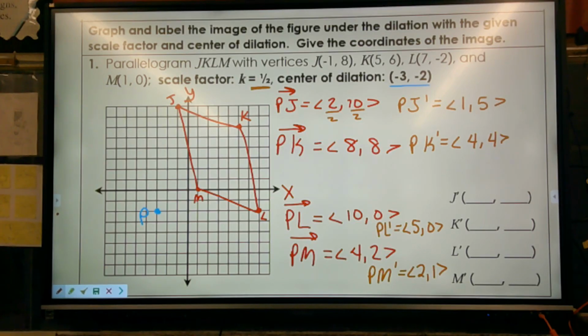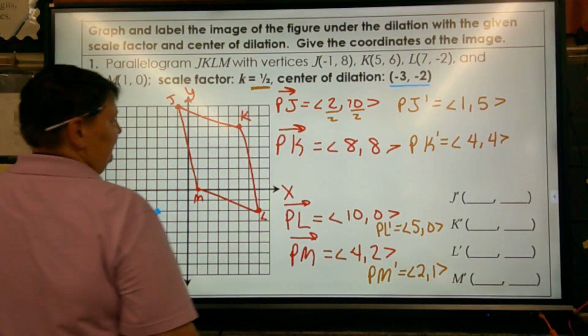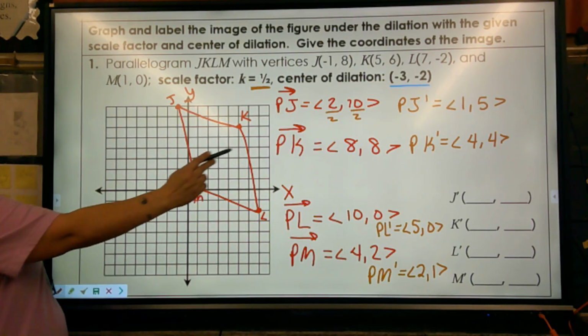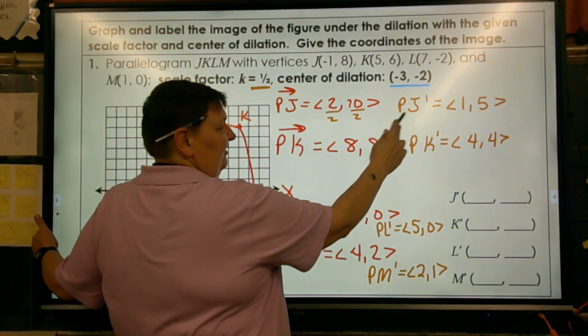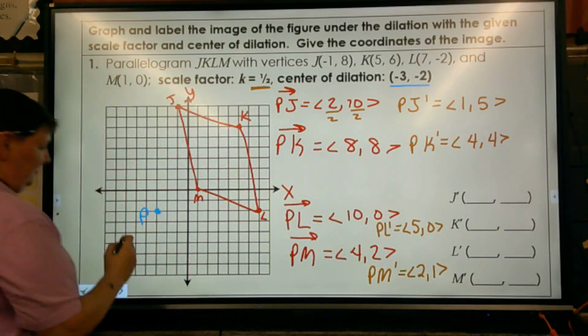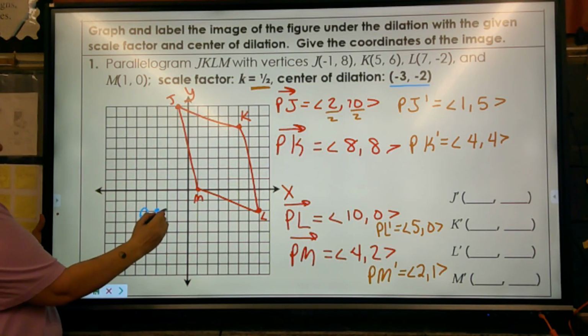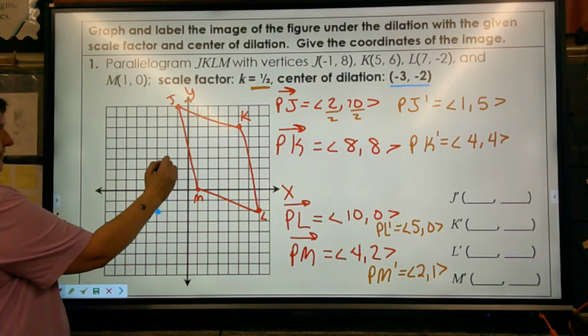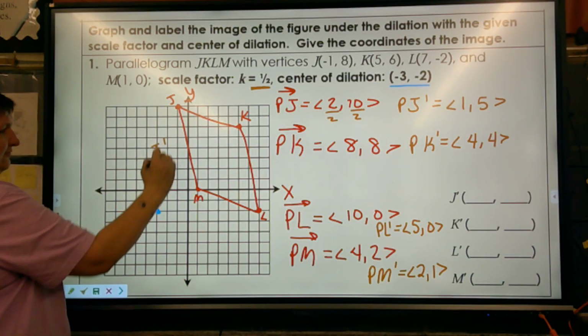Alright, once you have your new vectors, you're just going to graph and label your image. It says start at P, go 1 to the right and 5 up to get to J prime.